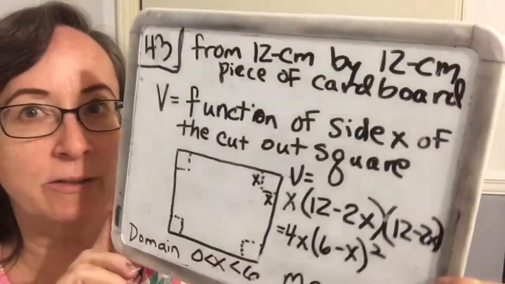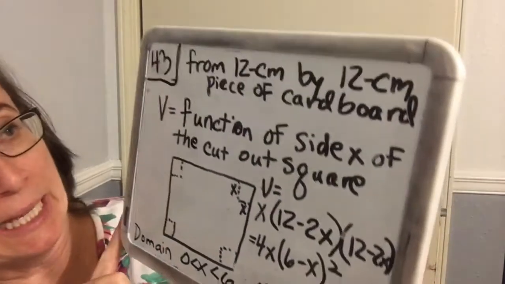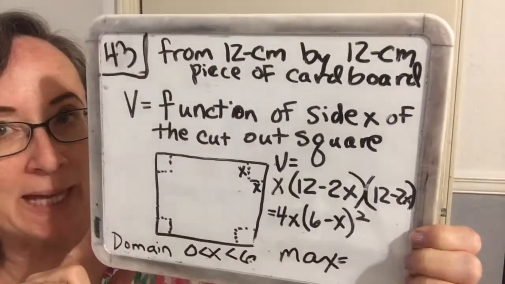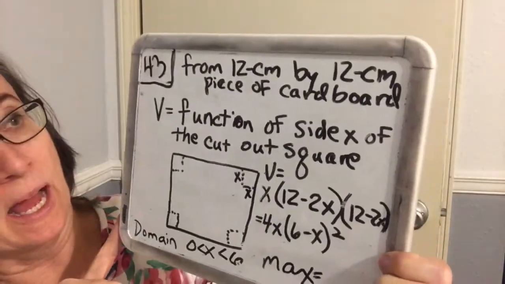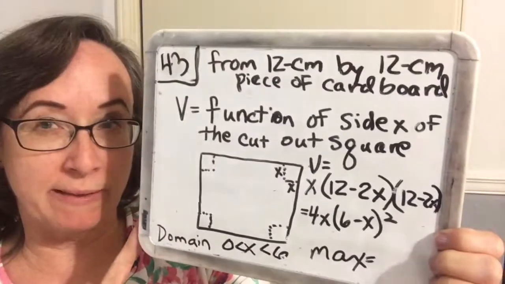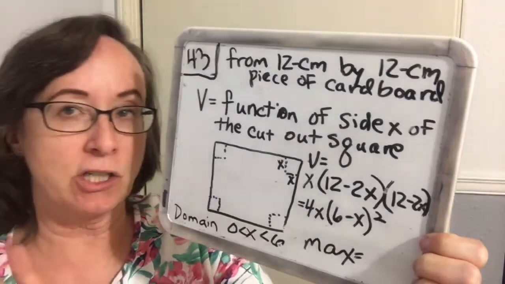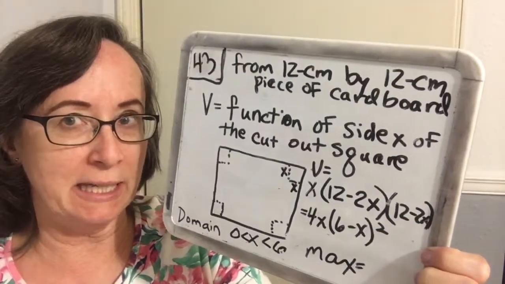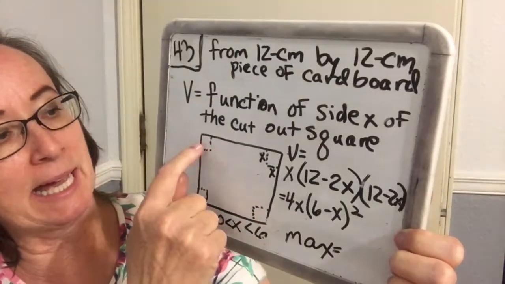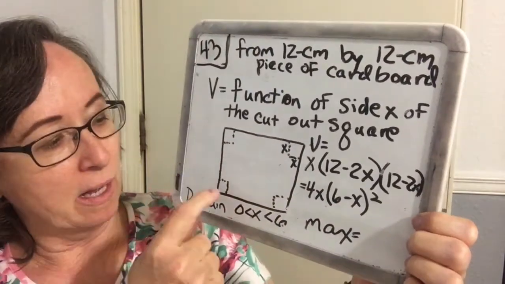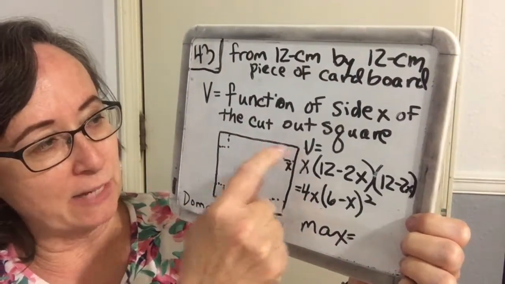All right, so we're going to do problem number 43. In problem number 43, we have a piece of cardboard that is 12 centimeters by 12 centimeters. And our job is to create a box by taking little square boxes out of each side.